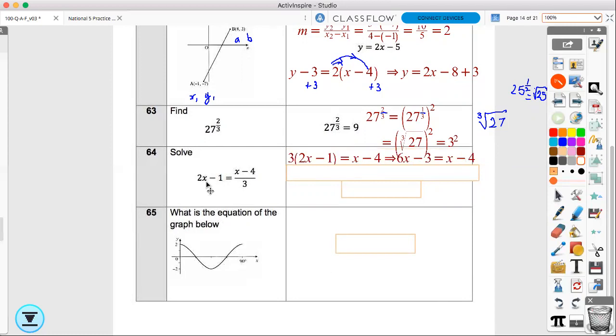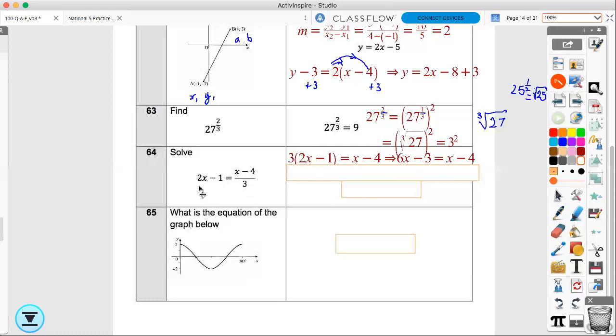But remember you multiply the whole side, not just 2x. You need to multiply 2x minus 1, and to do that you need to put the bracket. So that means 3 times 2x minus 1 equals x minus 4.